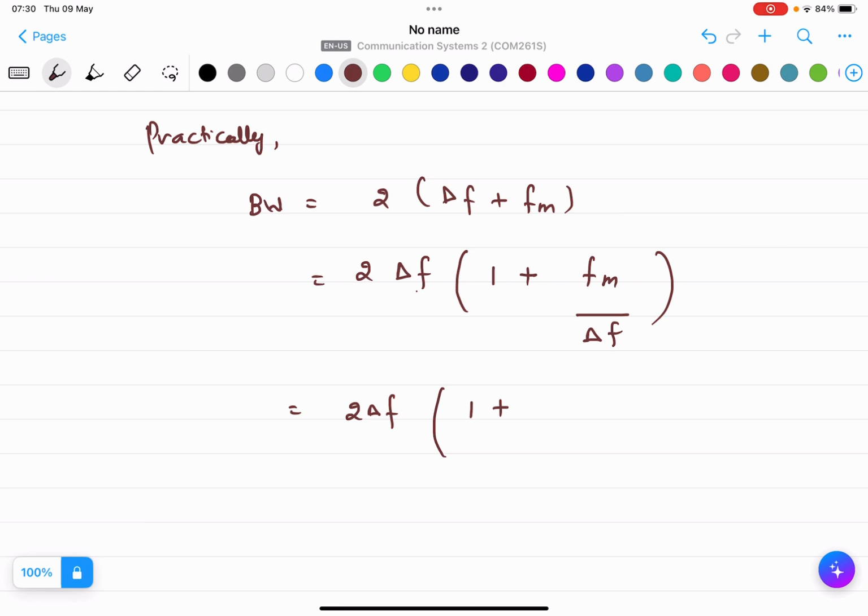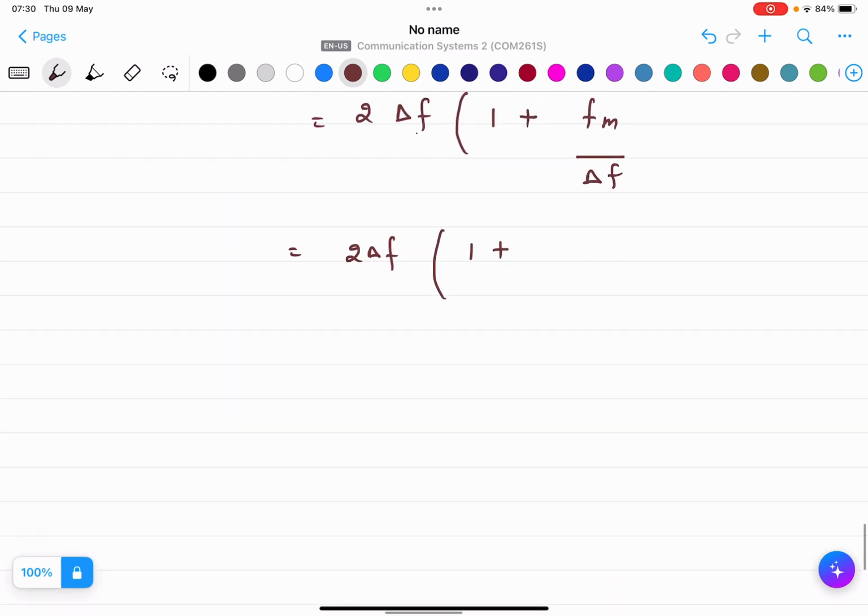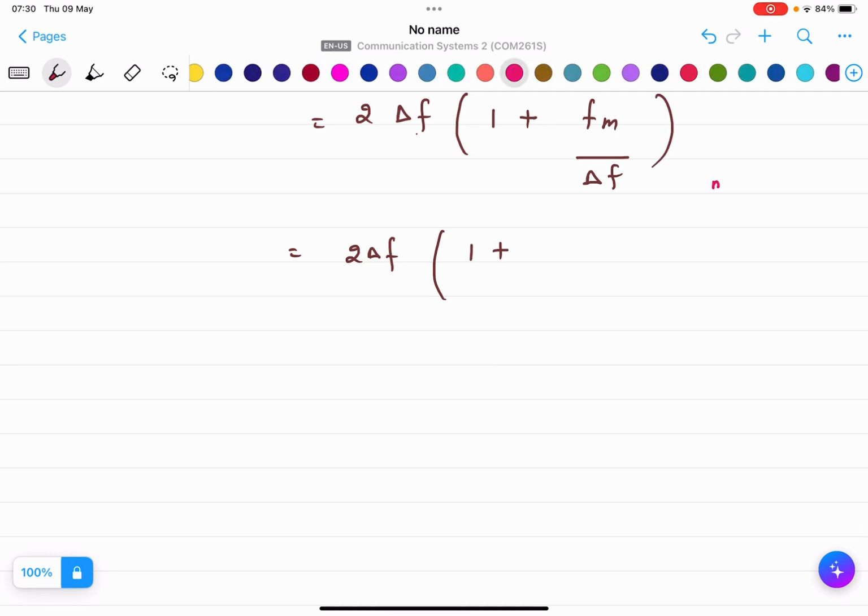What is delta f over fm? It is mf, because mf equals delta f over fm. So fm over delta f will be 1 upon mf, right? So I can write here 1 upon mf.